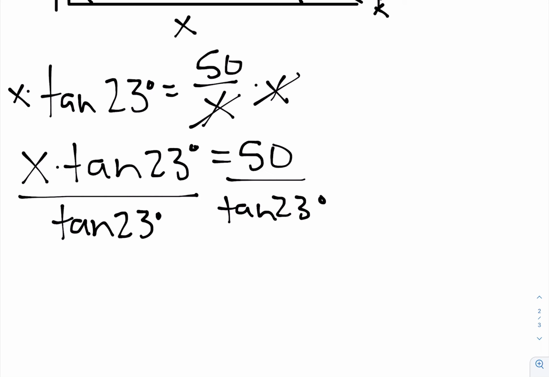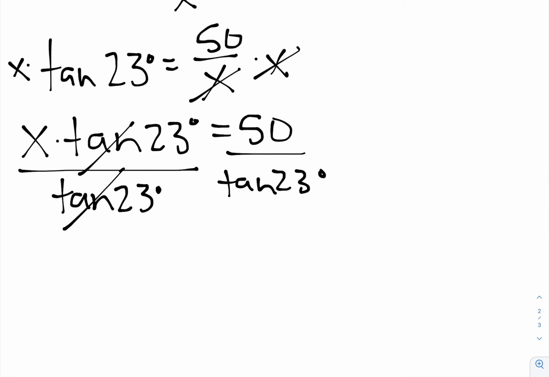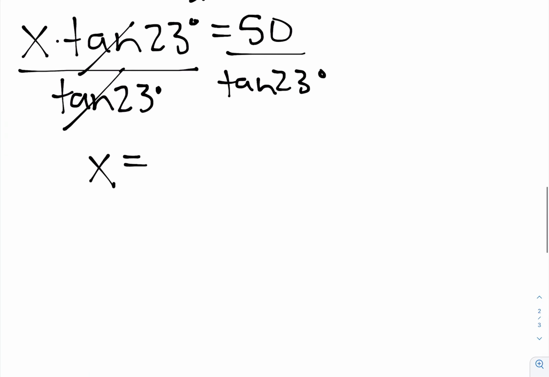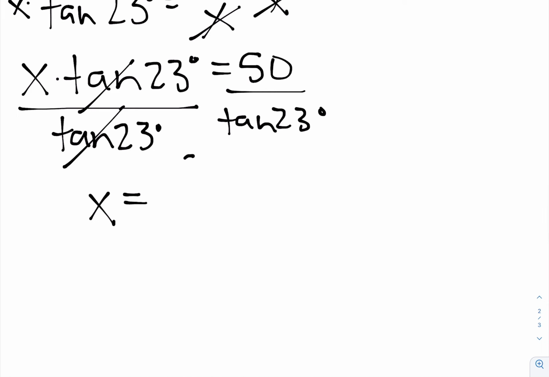Because if we have x, we multiply by tan 23 and divide that by tan 23, the tan 23s are going to go away, and we're just going to get x on the left. So this x here, the distance from the person to the base of the tree, is going to be 50, the height of the tree, divided by the tangent of the angle of inclination. So 50 over the tangent of 23.